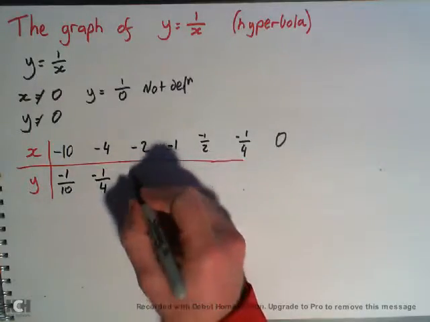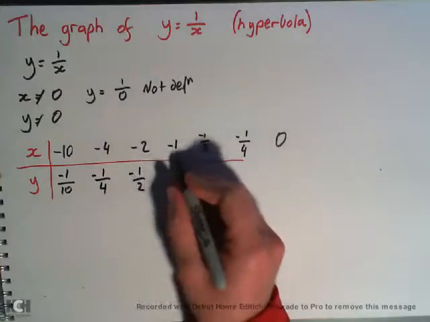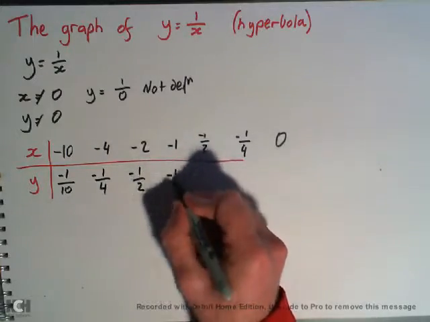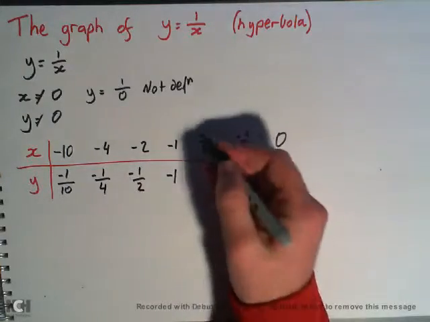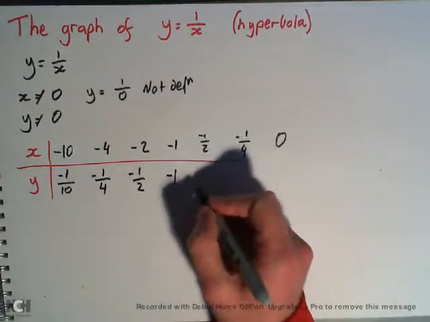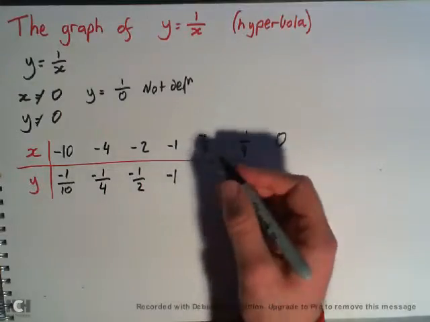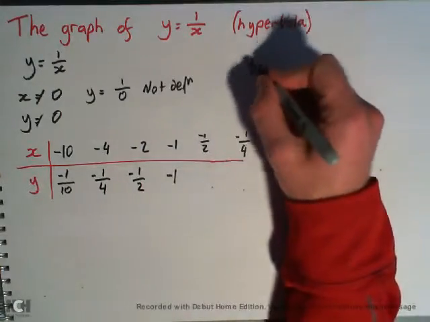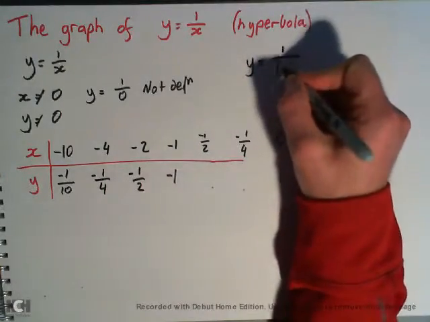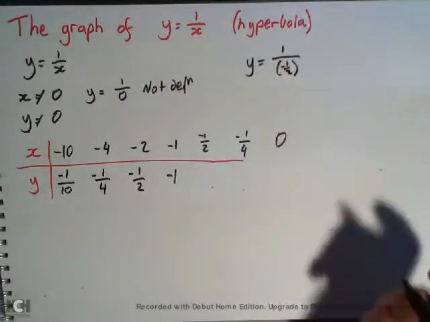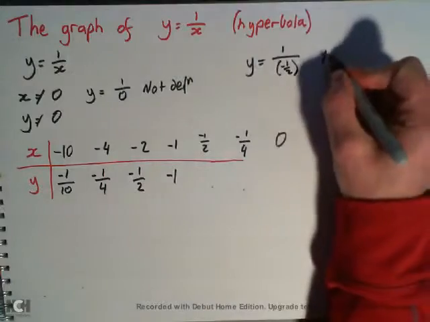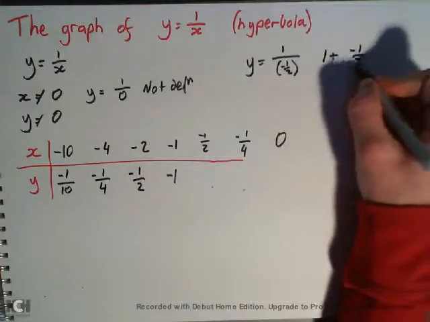Same thing for minus 2. And for minus 1, we'll get minus 1, 1 divided by minus 1. And for minus 1 over 2, that's 1 divided by a half.